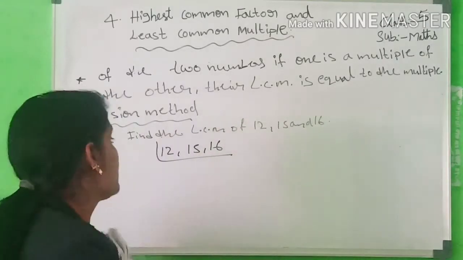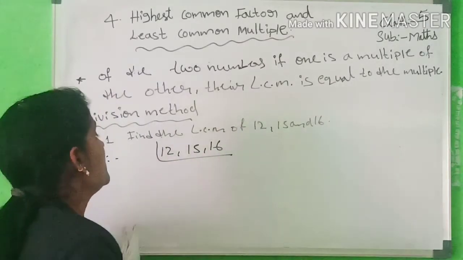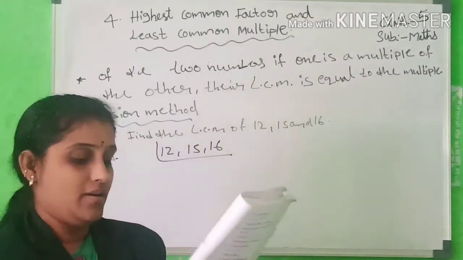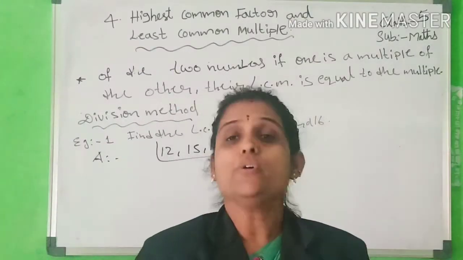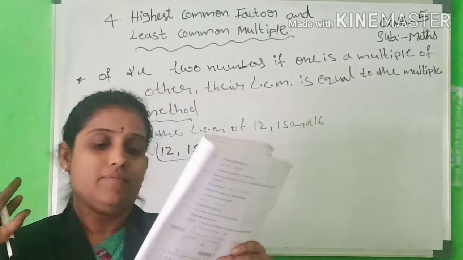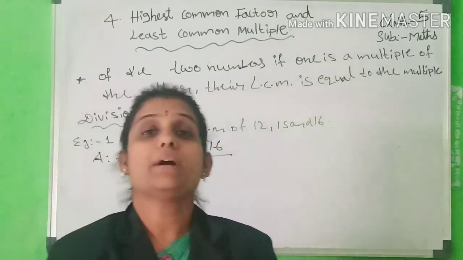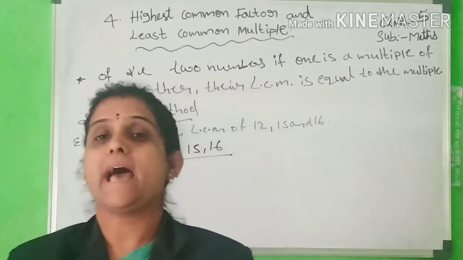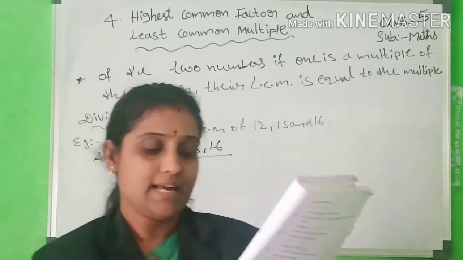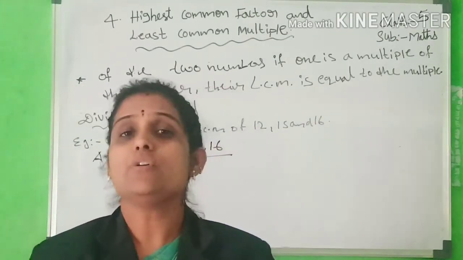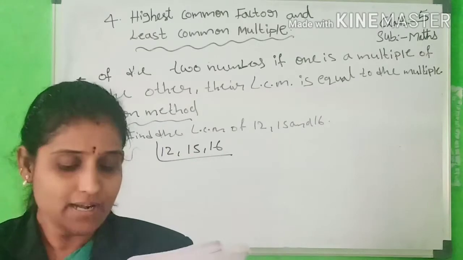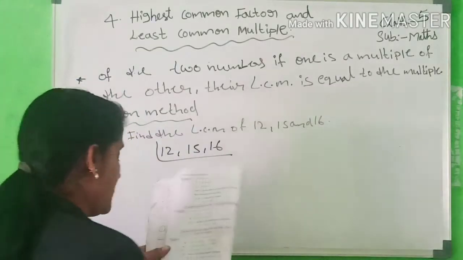But 12 and 15 have 3 as a common factor, and 12 and 16 have 2 as a common factor.